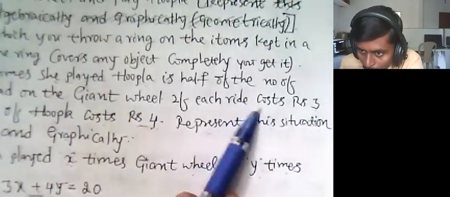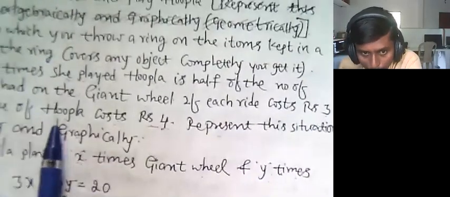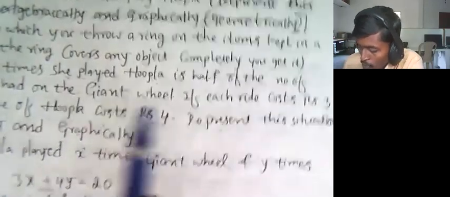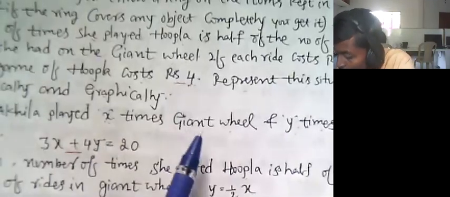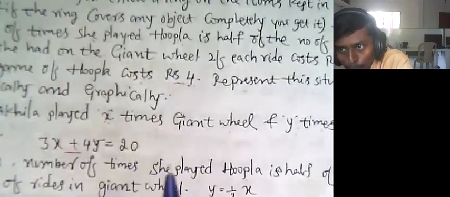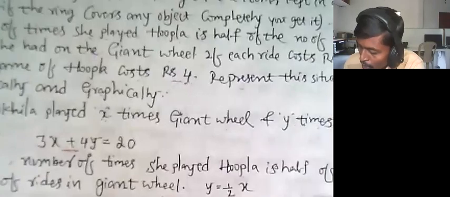The ride costs rupees 3 and a game of hoopla costs 4 rupees. We don't know how many times she played giant wheel or how many times she played hoopla.